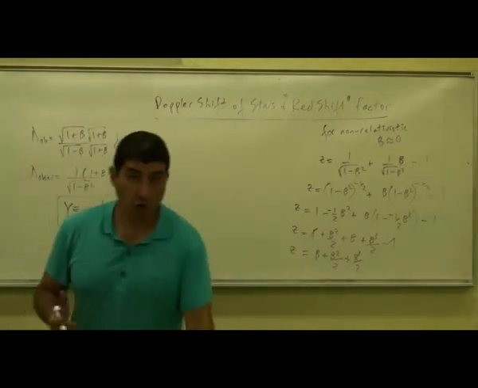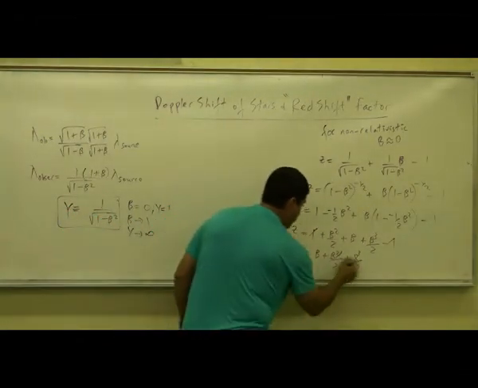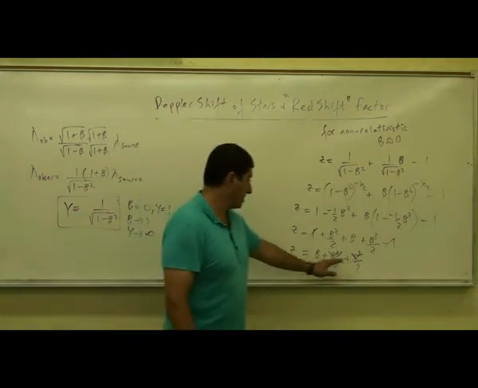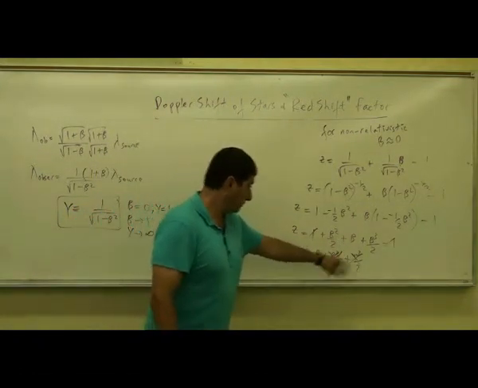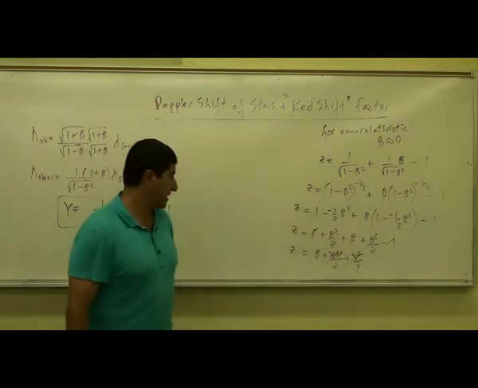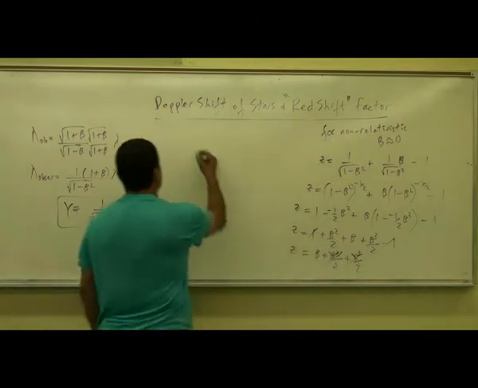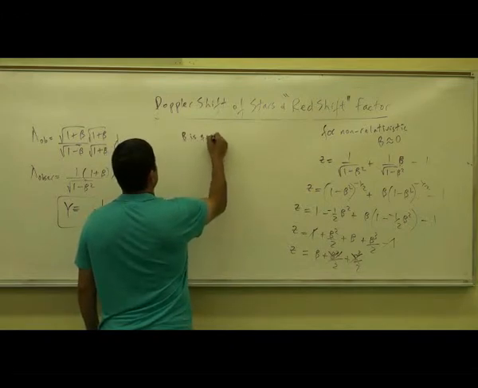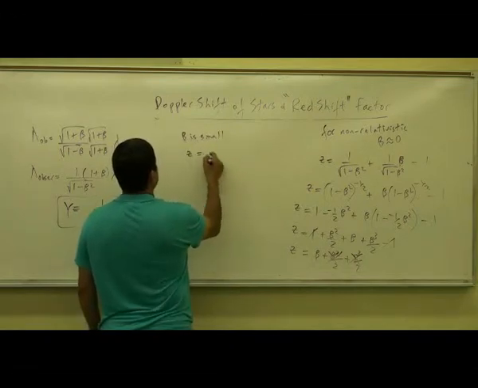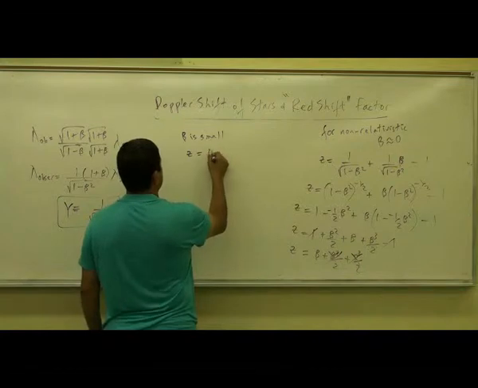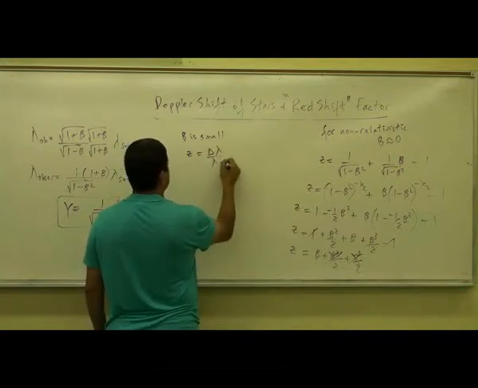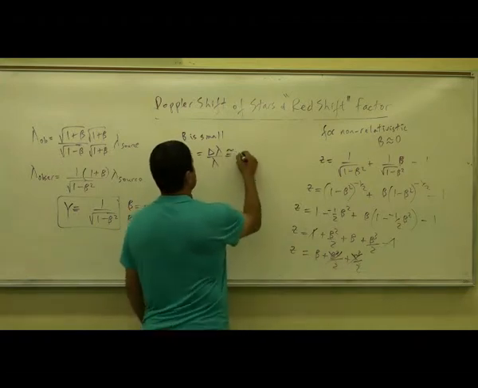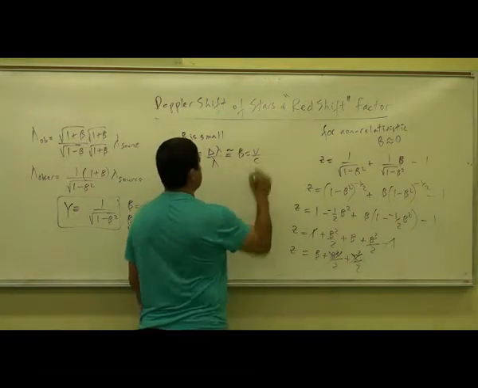Beta is small, so you could even ignore this. Beta squared is going to be a lot smaller than beta. Beta cubed is also going to be a lot smaller than beta, so you could even ignore that. So you can say if beta is small, z is going to equal delta lambda over lambda, and that's equal to just beta approximately, which is v over c.